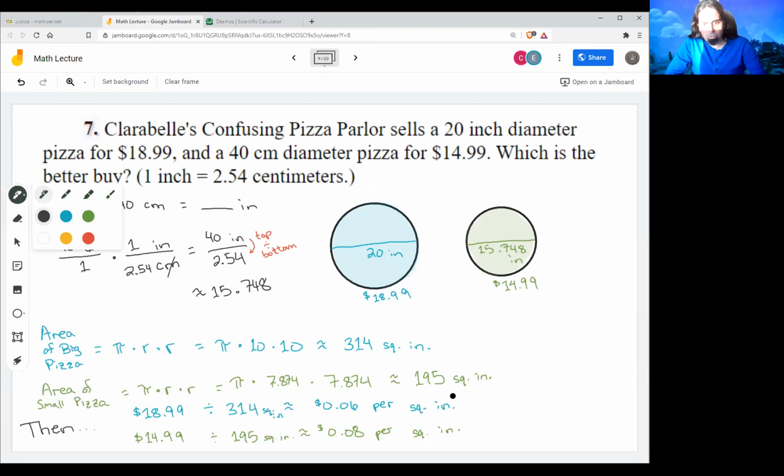So there we go. This one's the better buy. 6 cents per something is cheaper than 8 cents per something.